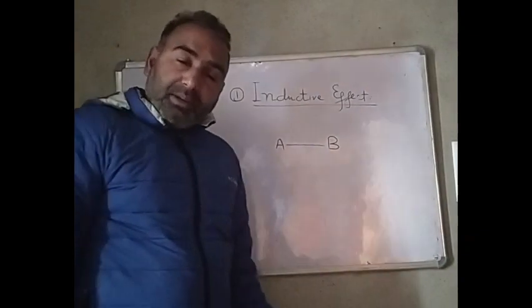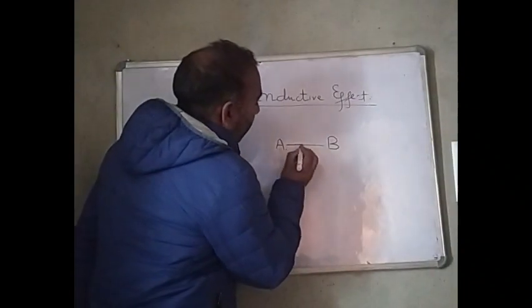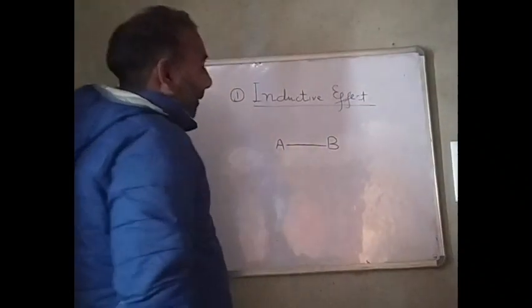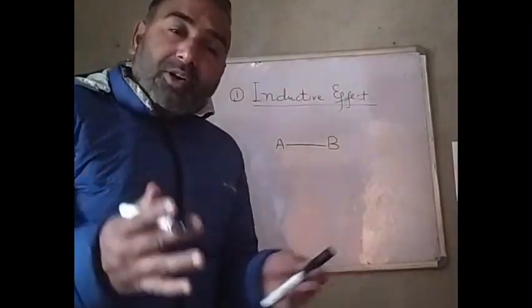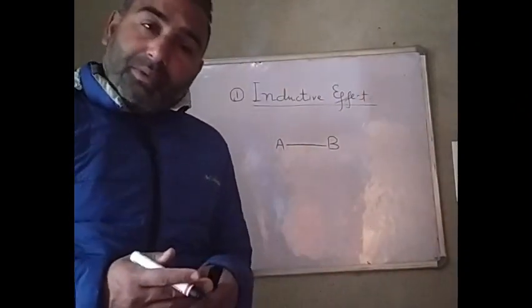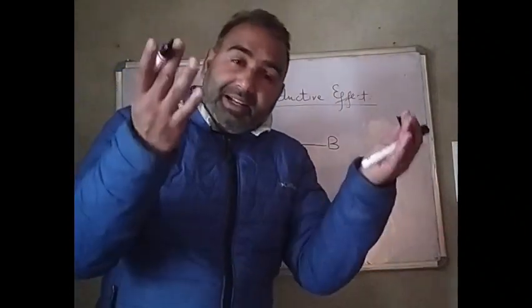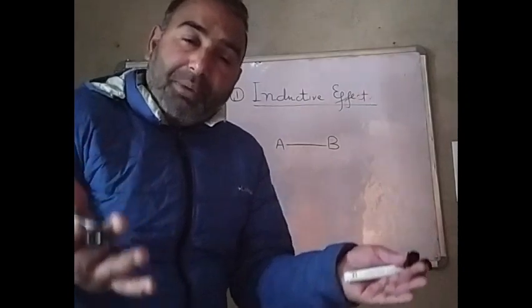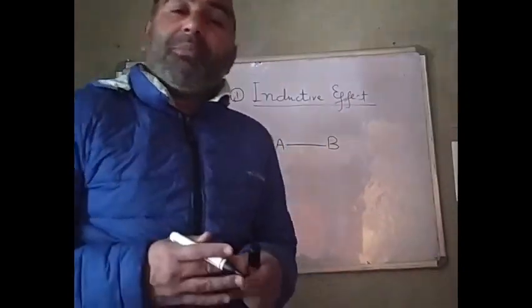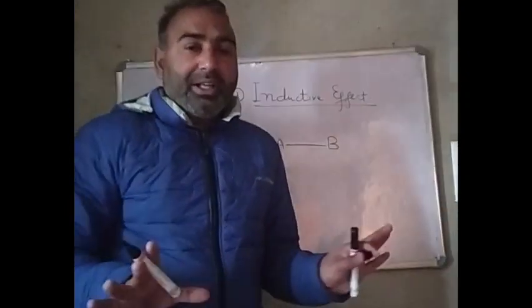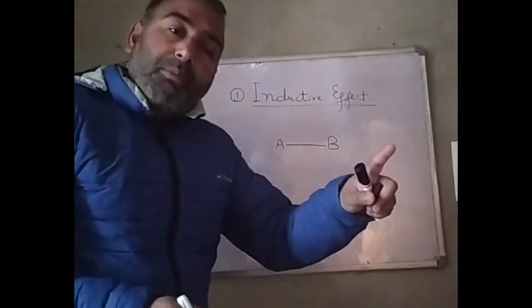AB is a molecule, and this line is a covalent bond. This covalent bond contains two electrons. Got it? And you also know the valence electrons of the participating atoms are responsible for formation of a covalent bond. This thing you know from the bonding part.